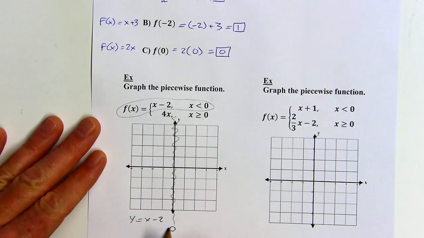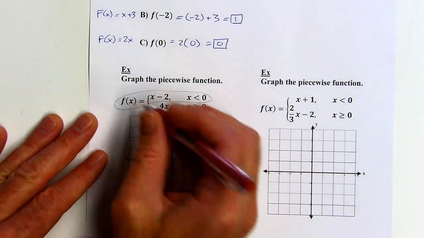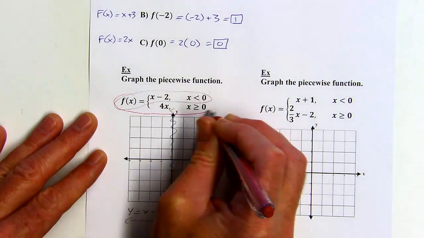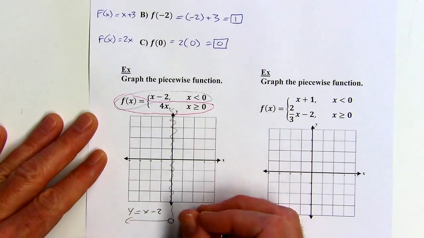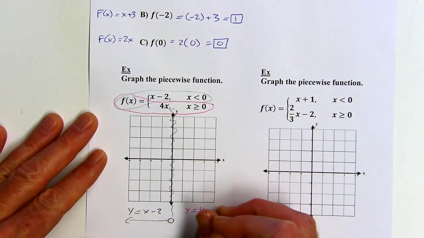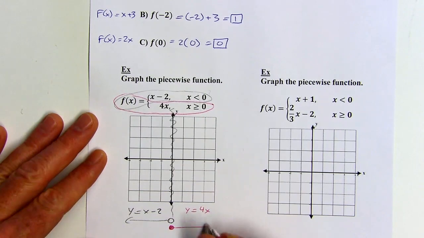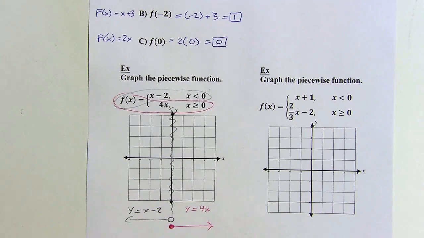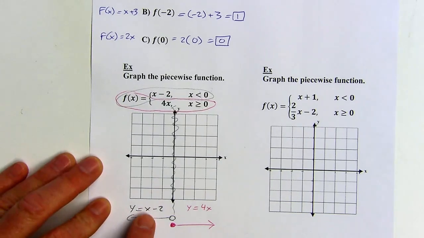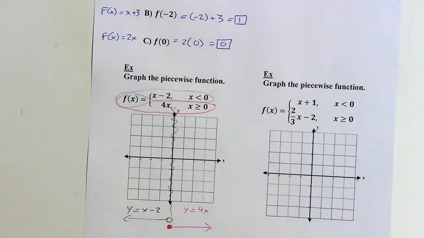And when x is greater than or equal to 0, I'm going to use f of x equals 4x, or y equals 4x. That will include 0 because it can be equal to 0 there. So I'm going to graph this function on the left side of the graph and this function on the right side.